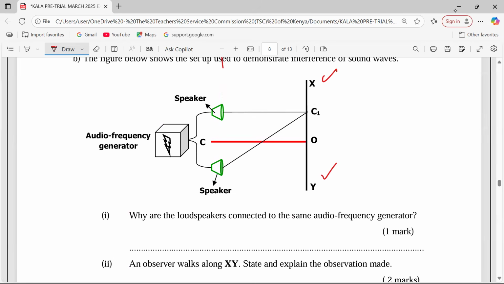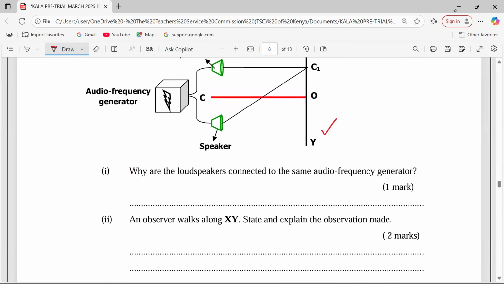Now we can go to the first question. Why are the loudspeakers connected to the same audio frequency generator?